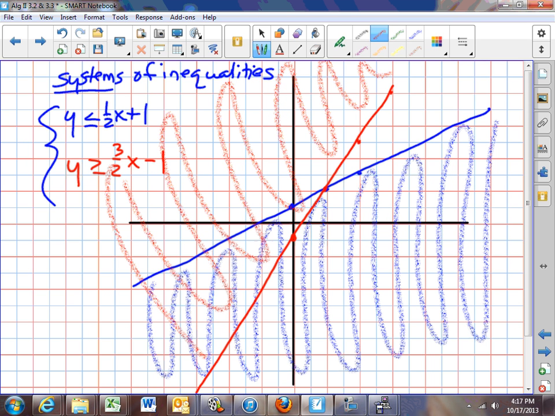Now, the solution to the system of inequalities is the part of the plane that's shaded both times. And it's probably easy to see this time that we're looking at this region in here.